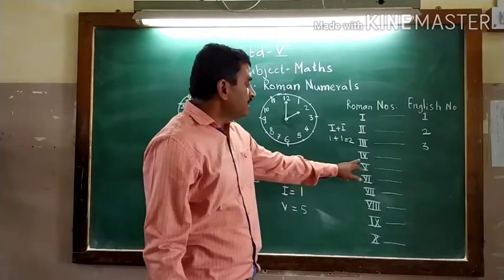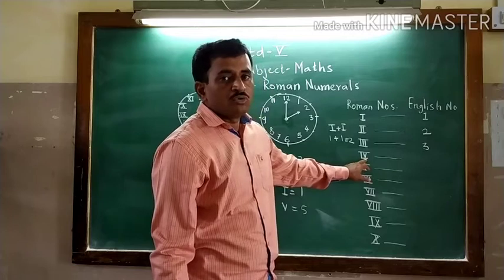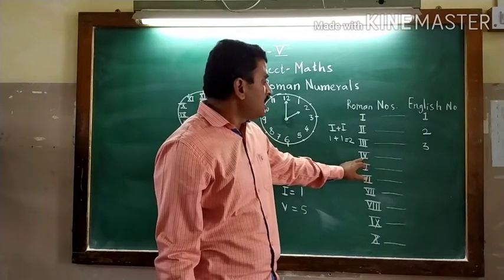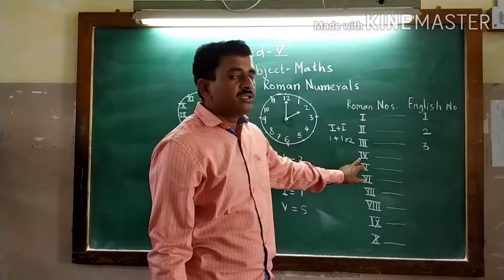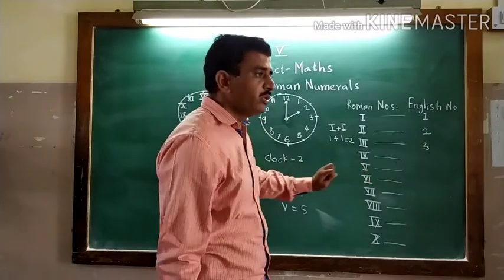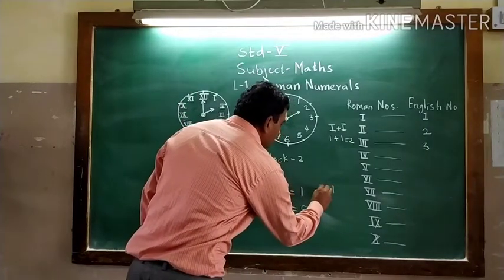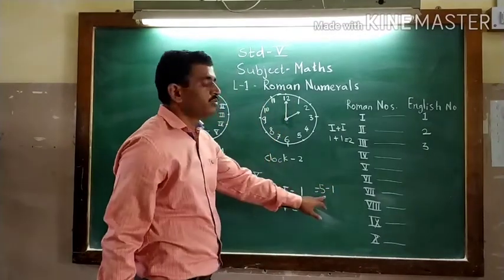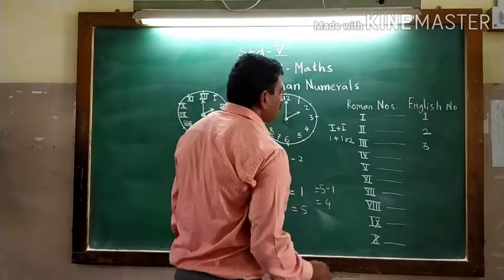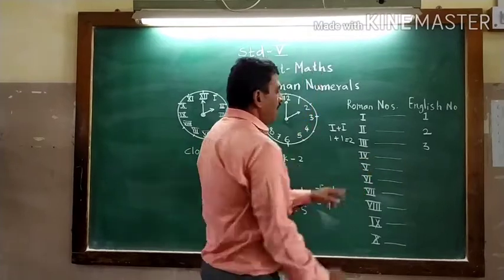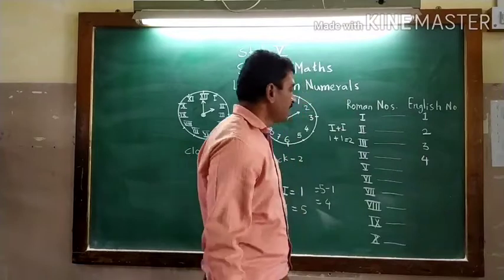Now, I is on the left side of V. So, we subtract this I from this V. Means value of I, we subtract from value of V. Value of I is 1, which gets subtracted from the value of V, and it becomes 4. So, value of this IV is 4.